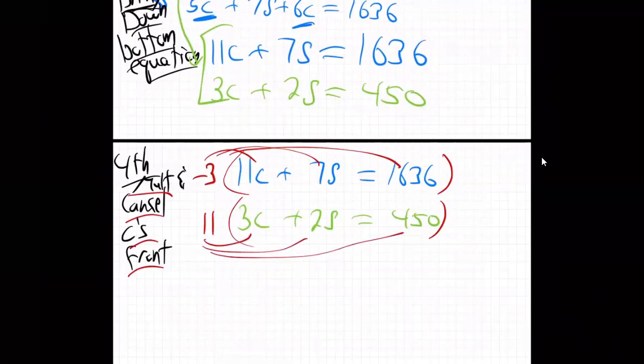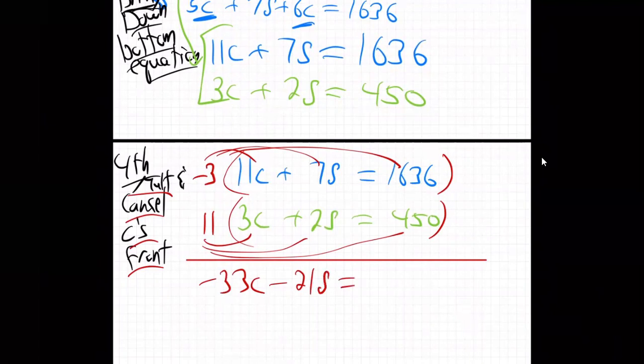You know how to handle two equations with two letters pretty easily, right? I'll get -33C minus 21S equals, what's 3 times 1636? Minus 4908 on the bottom.